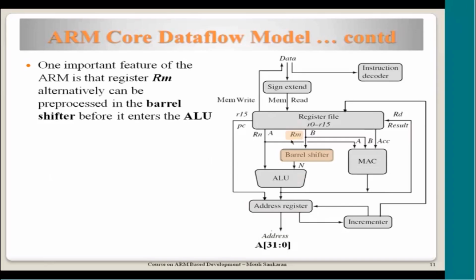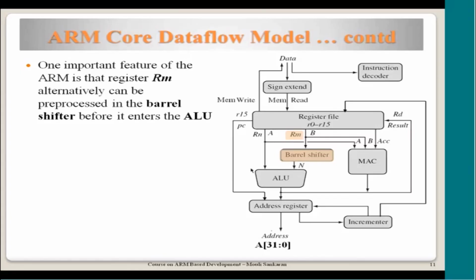There is nothing special about it, but RM is the one operand which goes through the barrel shifter. So within the cycle, whatever the content of a particular register gets shifted or rotated or some logical operation is performed using this barrel shifter, and the output of that is fed to the ALU.